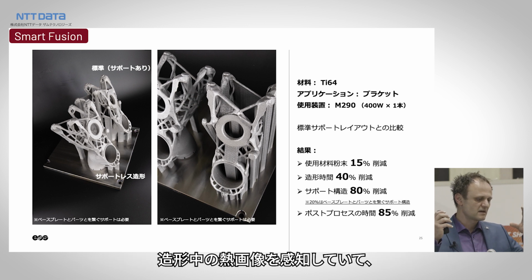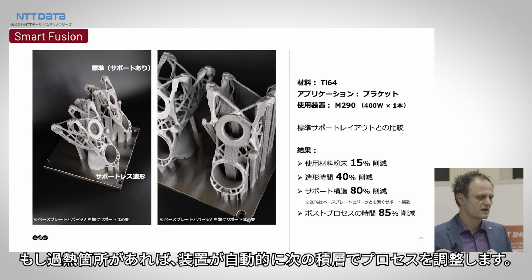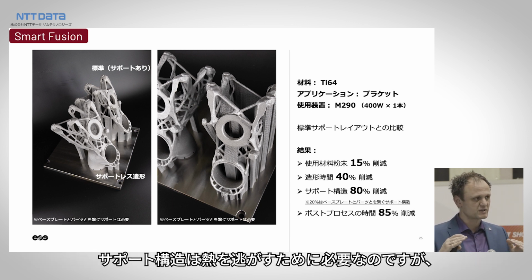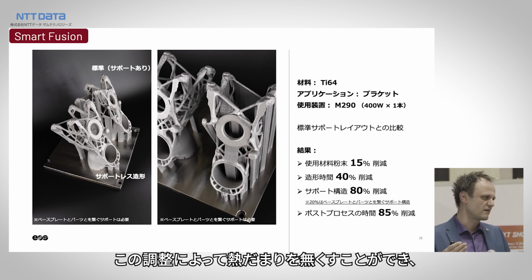It's basically using the OT camera of the machine and reading the thermal image and signature of that specific layer that was printed, and if it detects a certain overheating in a region, it can in the next layer correct and compensate for itself.